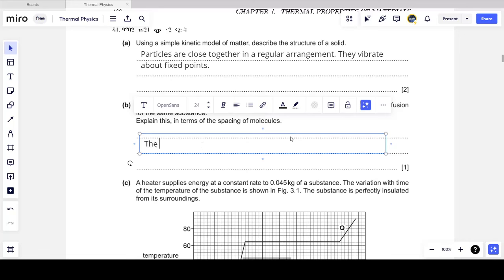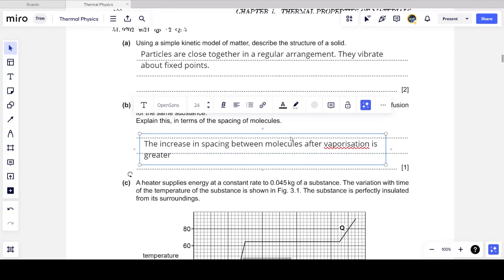What happens is that the increase or the difference in spacing between molecules after vaporization, after they have been turned to steam, water turning to steam, for example, is much greater than that of fusion.